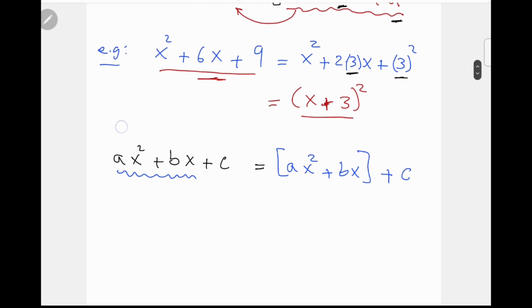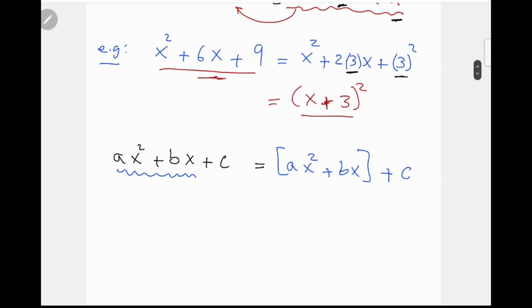And since we need to keep the coefficient of x squared as 1, I take a as a factor. Taking a coefficient as a factor is like dividing the term by that factor. So that would be a times x squared plus b divided by a x, plus c.